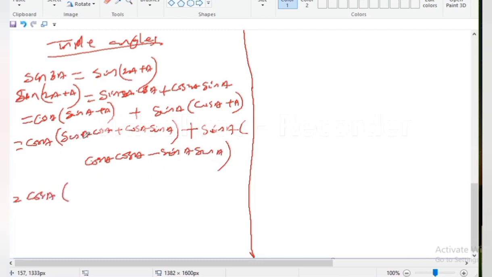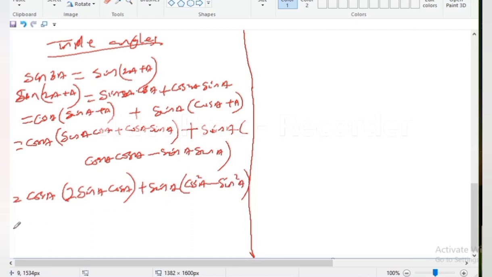Look, sine A cos A is the same thing as cos A sine A. So here you can simply have this one as 2 sine A cos A, then plus sine A into bracket, cos squared A minus sine squared A.